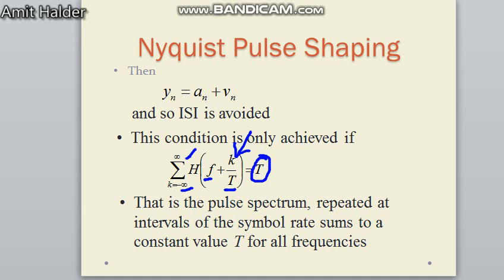So that is the condition that is achieved to eliminate ISI. The pulse spectrum repeated at intervals of the sample rate sums to a constant value T for all frequencies.